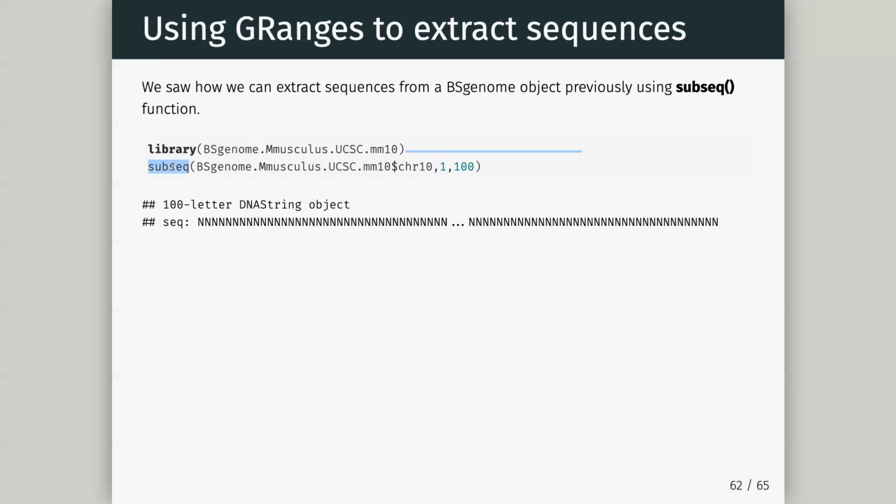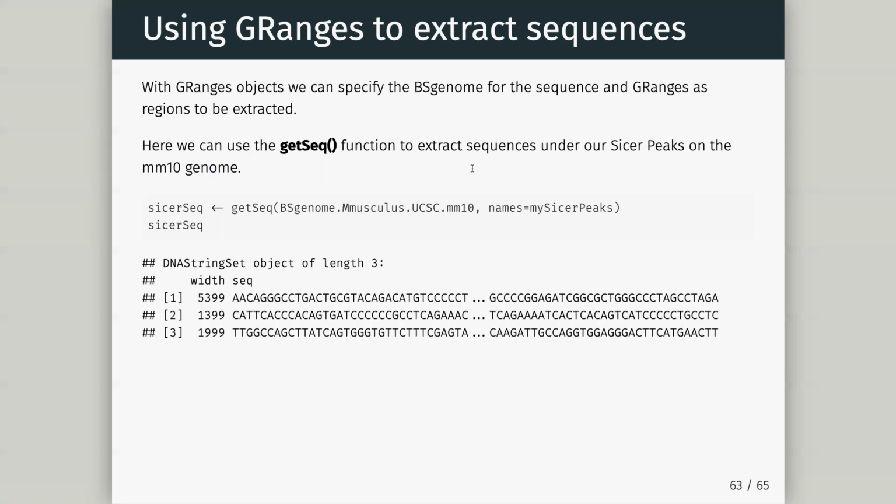In this case, I'm doing subseq. I'm taking chromosome 10 from that object. I just want 1 to 100. With GRanges objects, once we have a BSgenome loaded, we can actually use this getSeq function. We give it our BSgenome object, and we give it the peaks that we want to extract underneath.